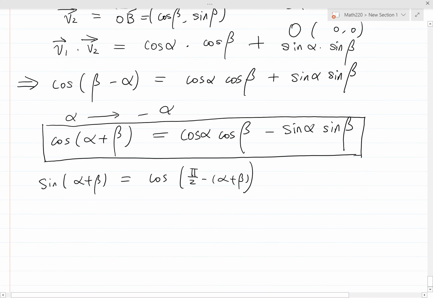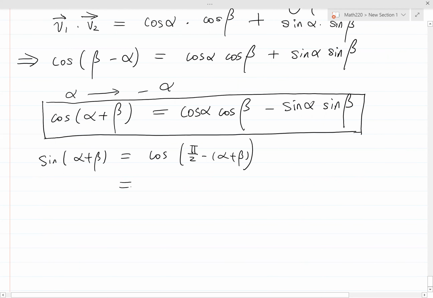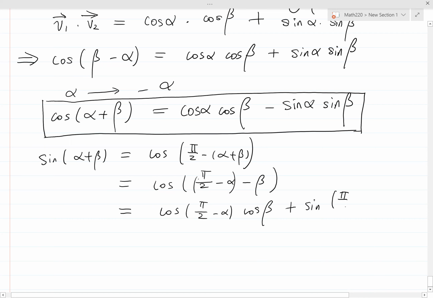We write this as cosine of pi over 2 minus alpha, minus beta, and use the subtraction formula. So we get cosine pi over 2 minus alpha times cosine beta, plus sine pi over 2 minus alpha times sine beta.